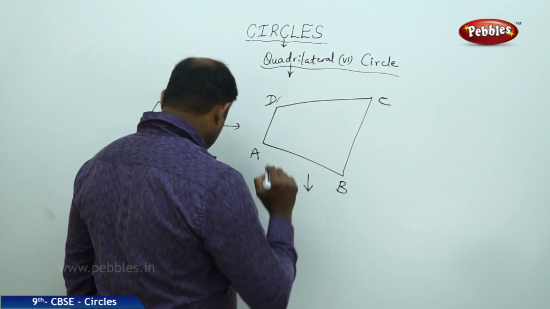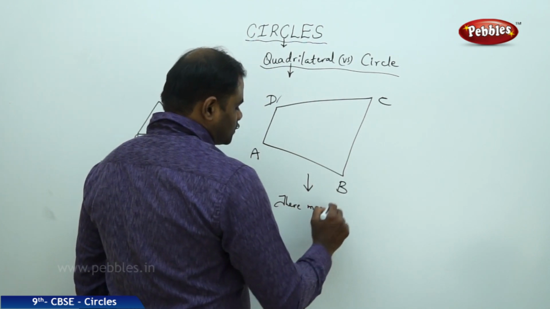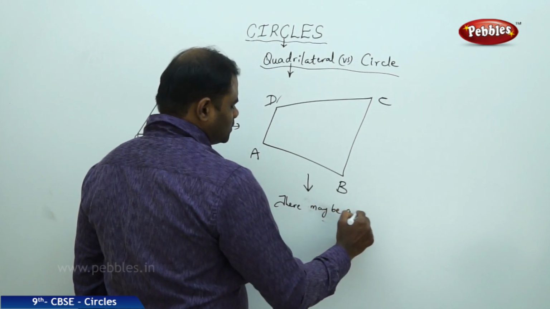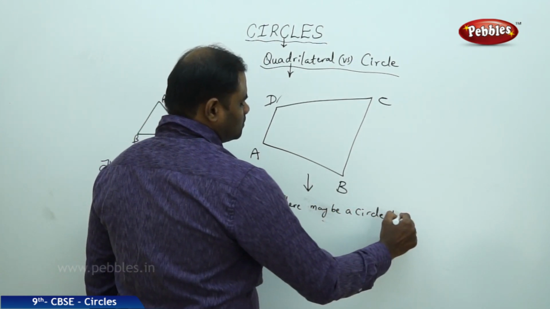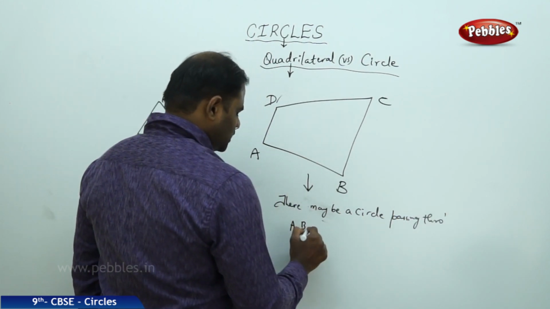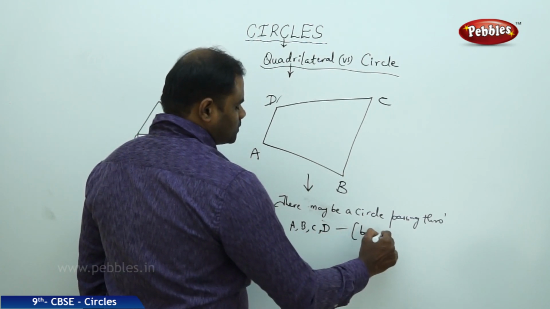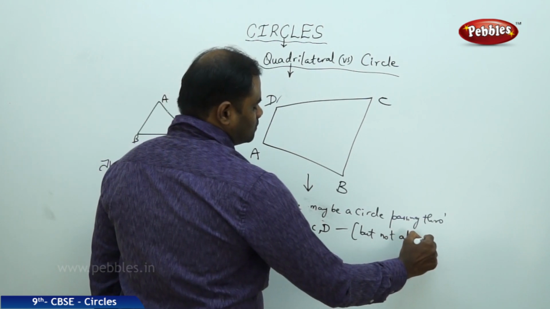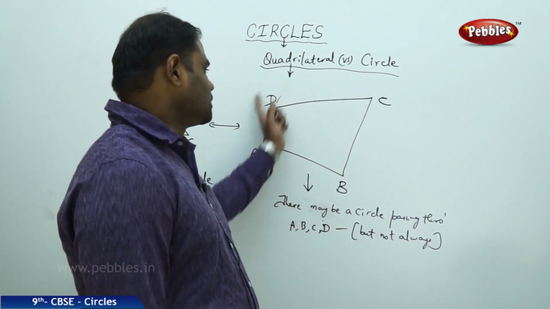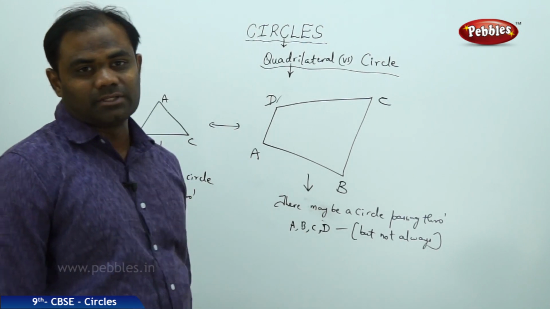But in the case of a quadrilateral, there may be a circle passing through A, B, C and D, but not always. Only a few quadrilaterals have the circle exactly touching A, B, C and D.